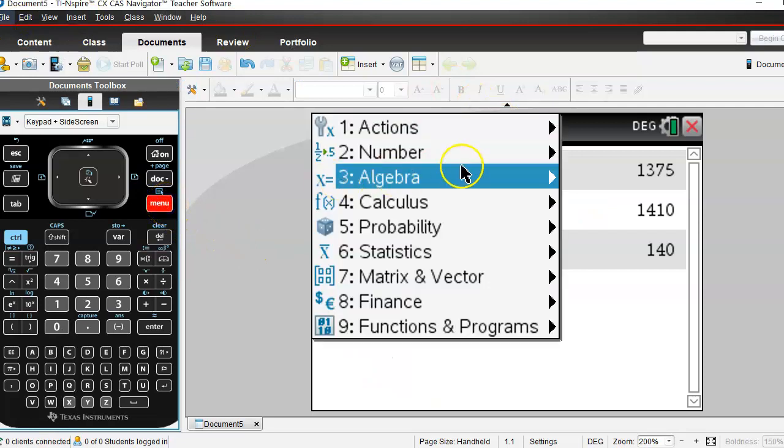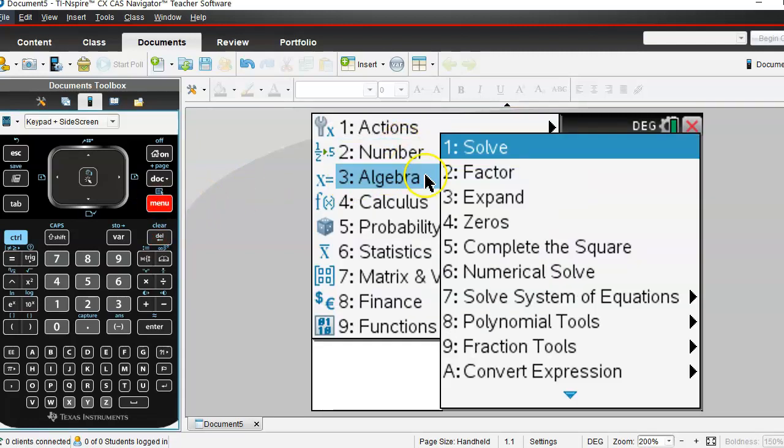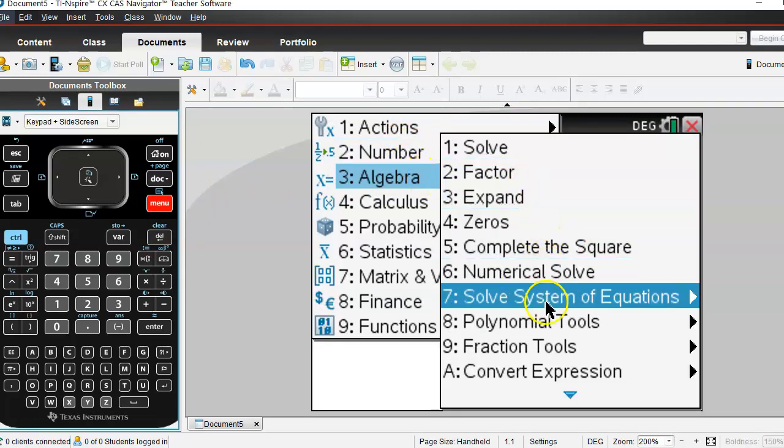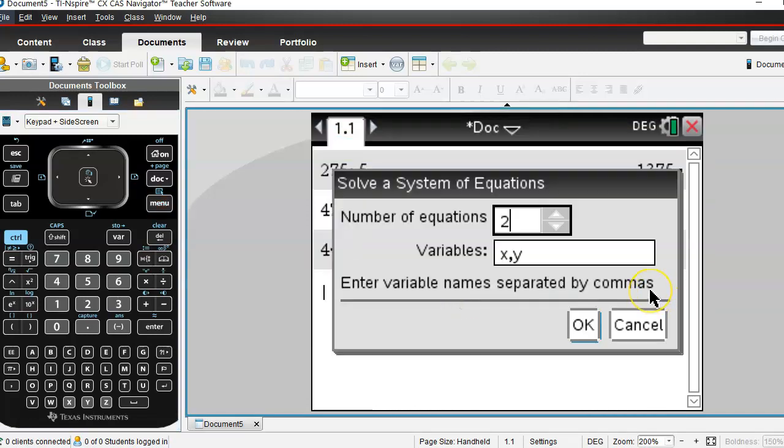Okay, so I said we'll also do this on the CAS calculator. So menu, algebra, solve system of equations. We're dealing with 2 equations, and I'm going to change that to p and a.